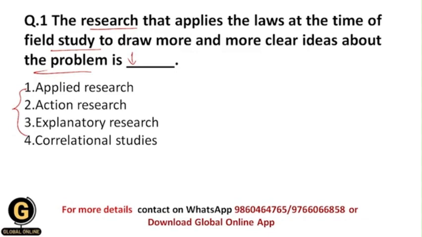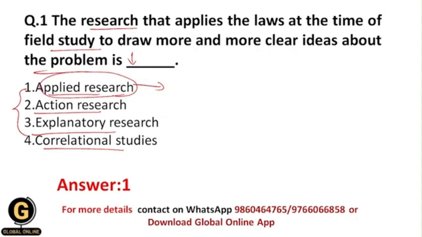Whether it is applied research, action research, explanatory research, or correlational studies. The correct answer for this is applied research, because applied research is the type of research in which we solve the immediate problems, but apart from that we apply the laws, or we apply the existing theory or principles to our problem.